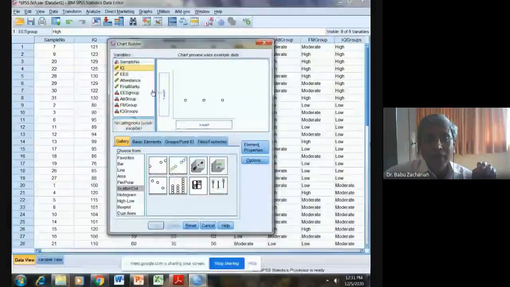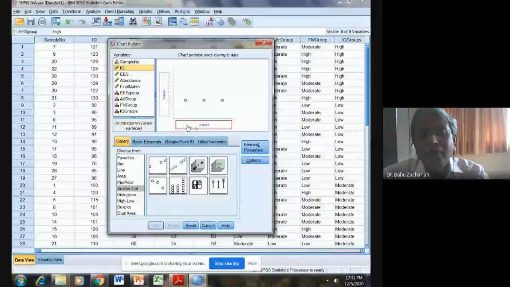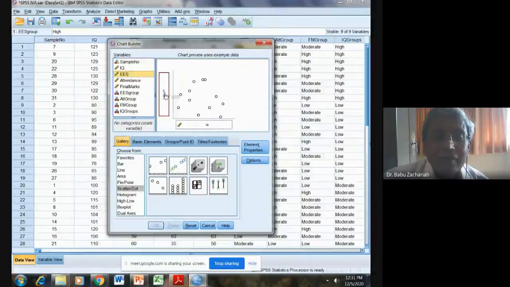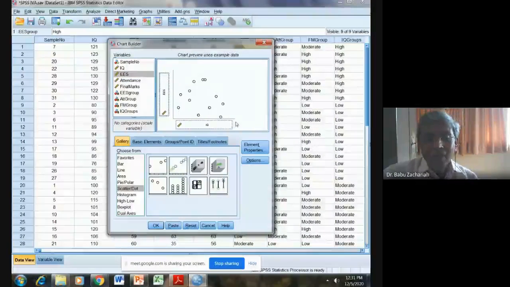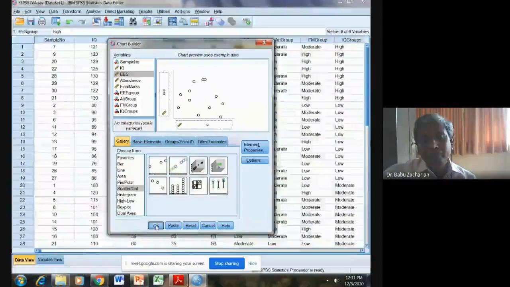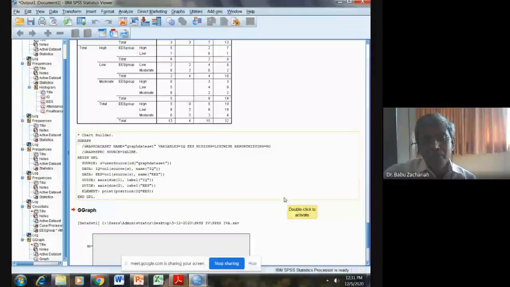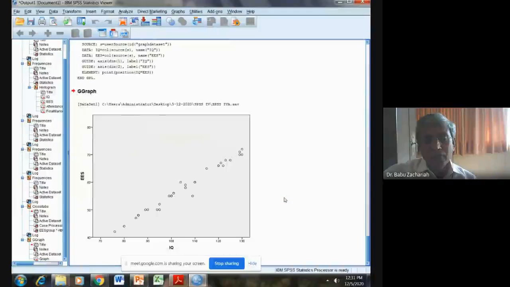So drag it here. See that the finger is pointed inside the box, then leave it. It will sit there. And IQ and EES. Okay, drag it here. And again, see that finger is pointed inside the box, leave it there. And then click OK. So this is the scatter plot they have got.